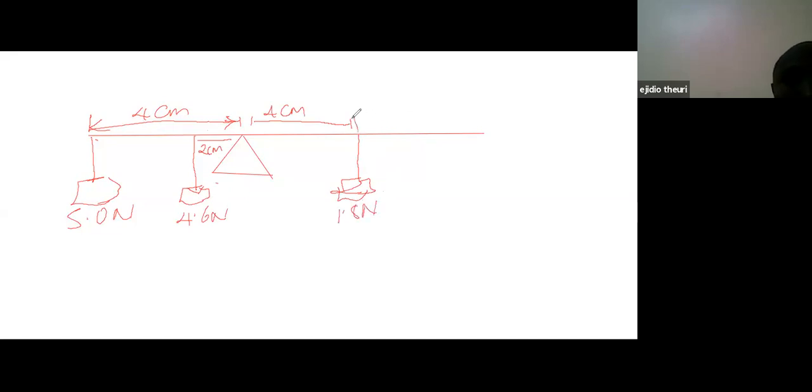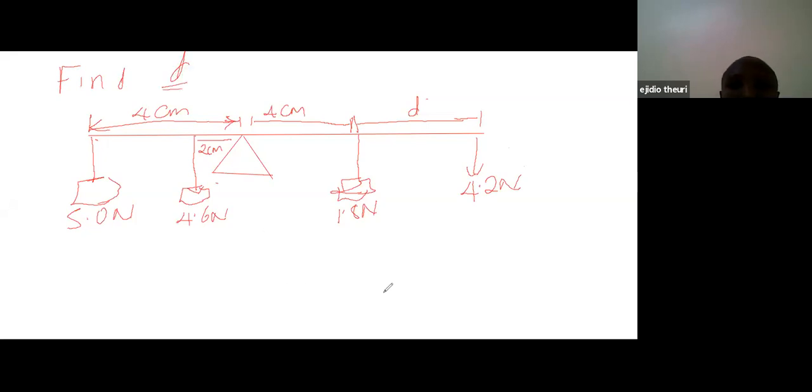Then from there, I have another one here, D, with 4.2 newtons. You're told to find D.